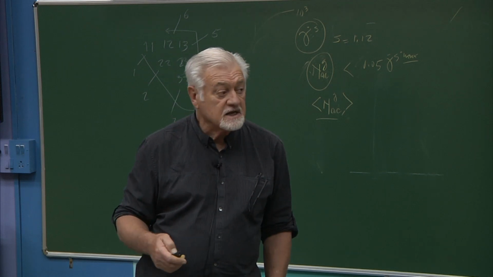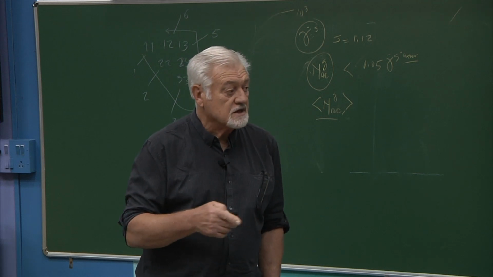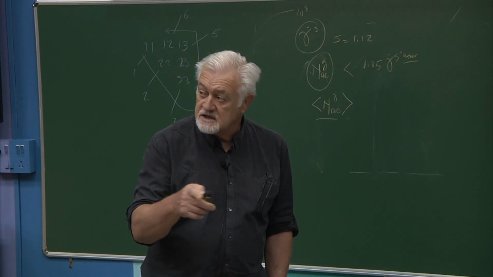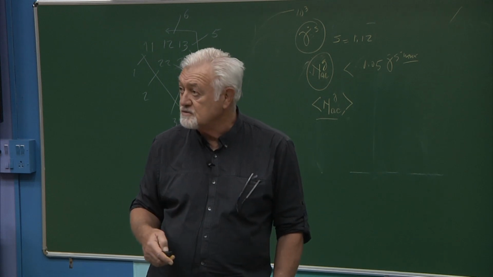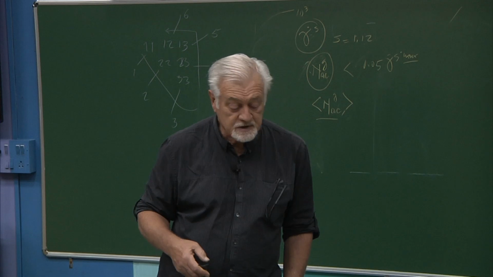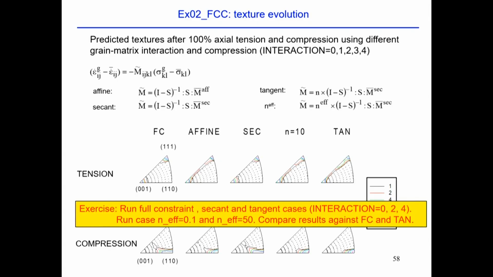And it is very clear when you look at the deviations between the average and the grains what is going on with those components. So, as I said, the exercise will be to run the secant and the tangent case. I put the other ones just for you to do later if you want.